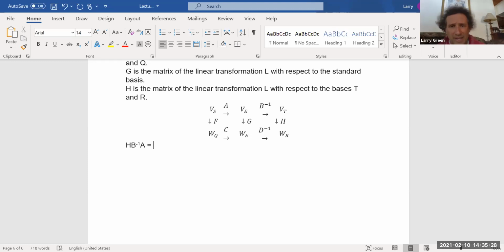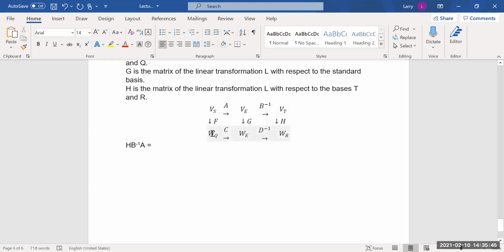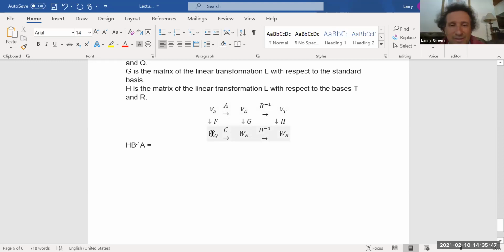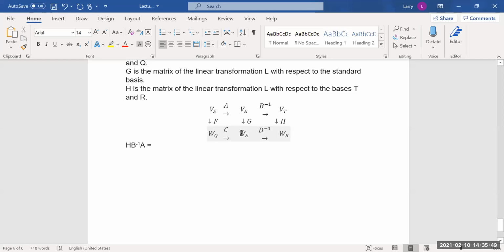H and D inverse can't be together, actually. So again, the way we just did is we started here and we went right, and then we went right, and then we went down, and we got to WR. How else can we get there? If you go down, and go down, and then? Right. And then? Right. And right. So those are going to be the same.